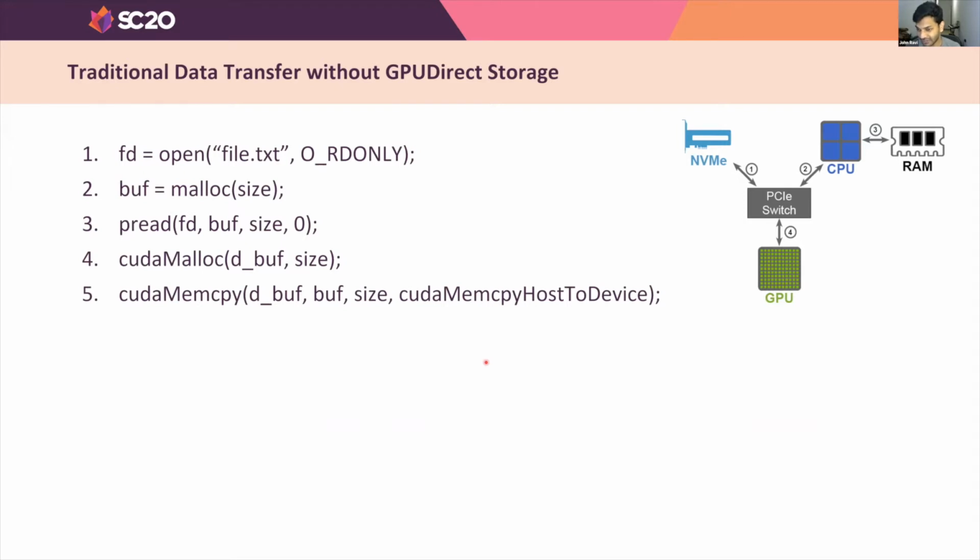Here I'm just showing how to open some data: line 1 opens some data in storage somewhere, and then you allocate some memory in CPU memory, and you read the data into the CPU memory. Then you also allocate a GPU buffer using this CUDA malloc operation, and then you copy the data from the CPU memory into the GPU memory.